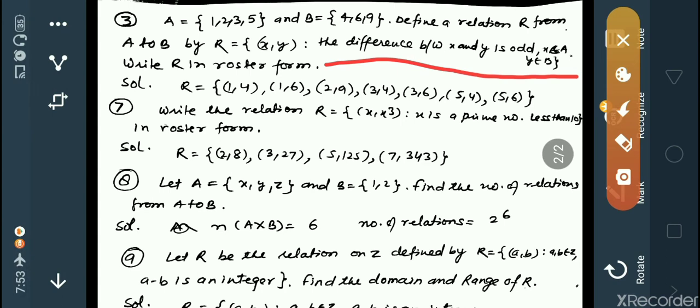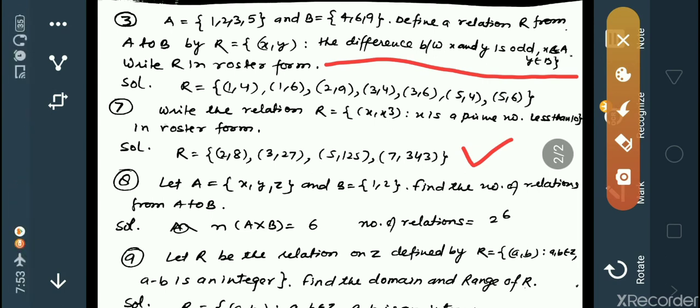So if we take 2, its cube will be 8. If we take 3, its cube will be 27. If we take 5, the cube will be 125, and if we take 7, its cube will be 343. So this is the relation written in roster form.